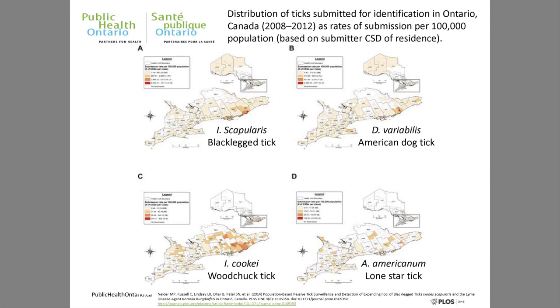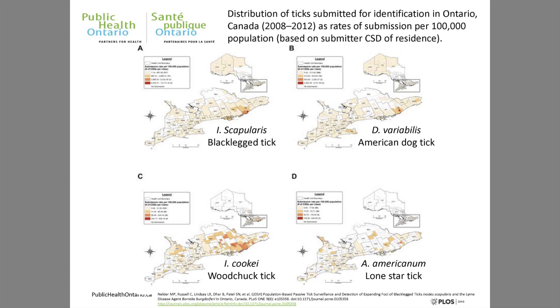Again, not to really get into detail with this map, but we also do get other species coming into the province that we do identify, and we do have a location of where the residents are who submit them. So we do look at that just to see what are we getting, where are they coming from, is there anything associated with that? So, we can see where the black-legged ticks are. We see most of them coming from the St. Lawrence area. American dog ticks, we get more, they're there as well, but we get them kind of across the whole bottom.